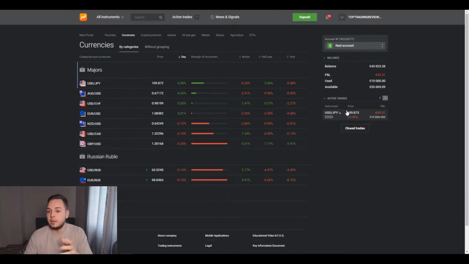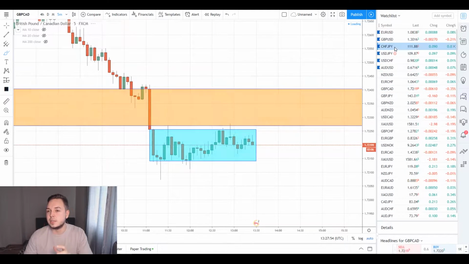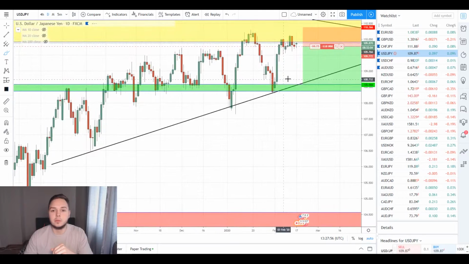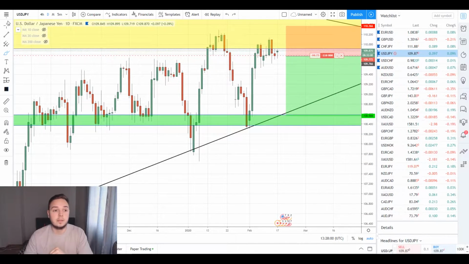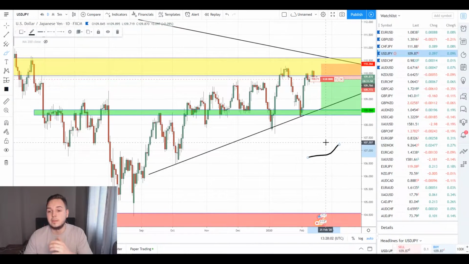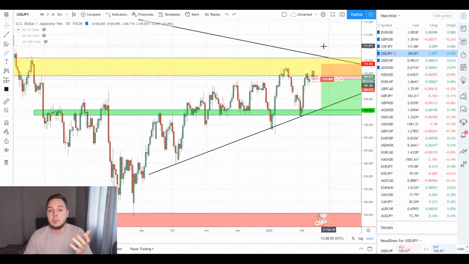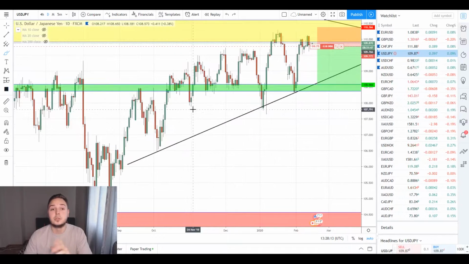So maybe let's try this. Oh, if you're wondering regarding USD JPY, it's a different type of trade I'm currently trading. Let's just have a look at it. I actually sent this trade on my VIP trading signal since all of the confluence is there. Pretty much the monthly downtrend, the weekly area of sensitivity, double top as well, which confirms that it's probably gonna push towards the downside.